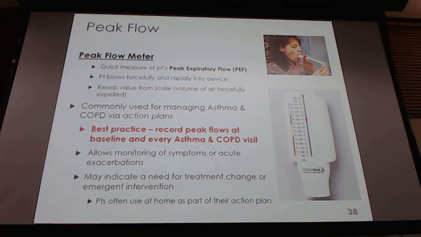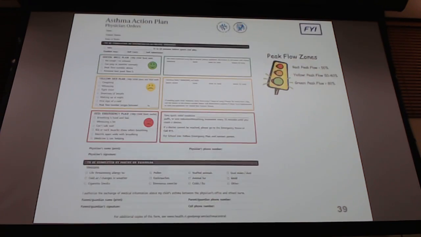I still use them in practice. I think they're helpful. It just gives somebody a way to check it at home, because they usually don't have a pulse ox, right? We want to give people as many tools as possible to manage themselves at home, especially with chronic conditions like asthma. I always feel bad for parents having to run their kids in. Empower them as much as you can.